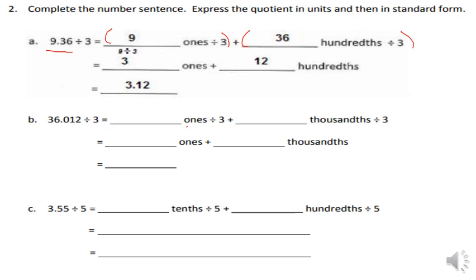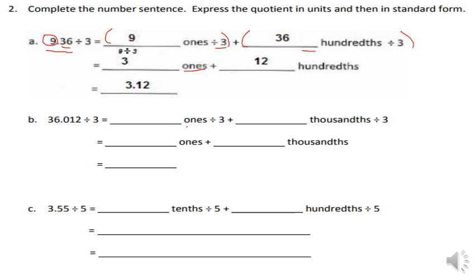So here we have 9 ones divided by 3, plus 36 hundredths divided by 3. These are compatible numbers because they're both divisible by 3. So now 9 ones divided by 3 gives us 3 ones, and 36 hundredths divided by 3 gives us 12 hundredths. So we end up with 3 and 12 hundredths.